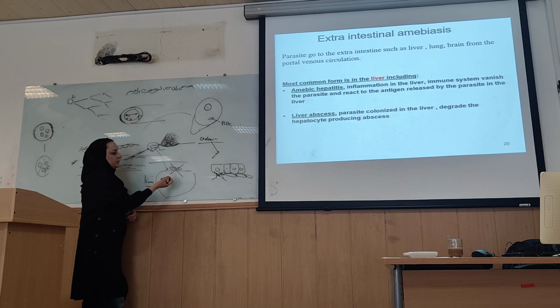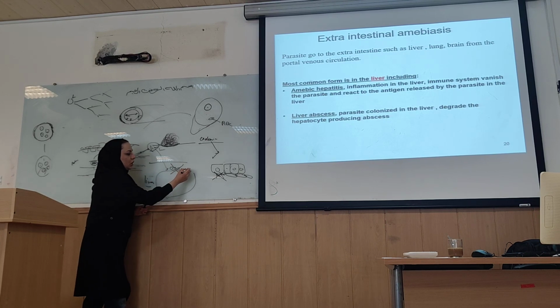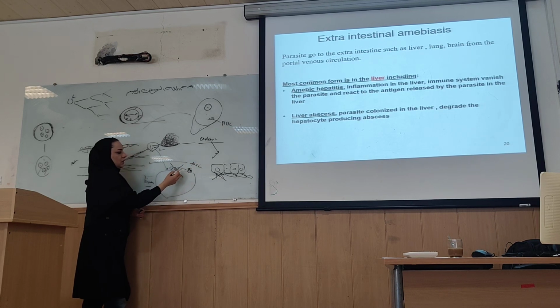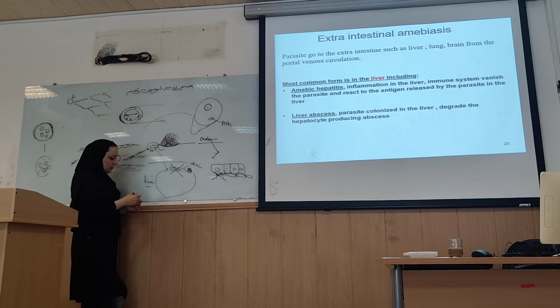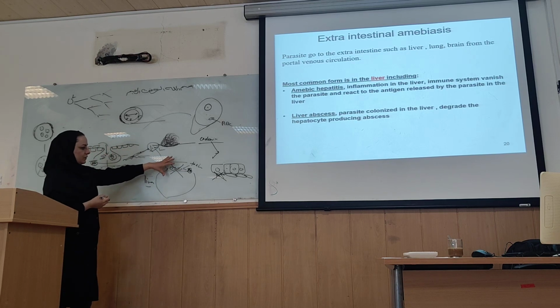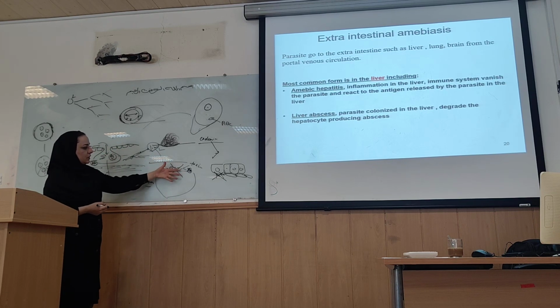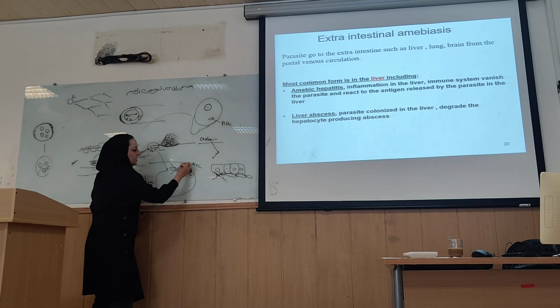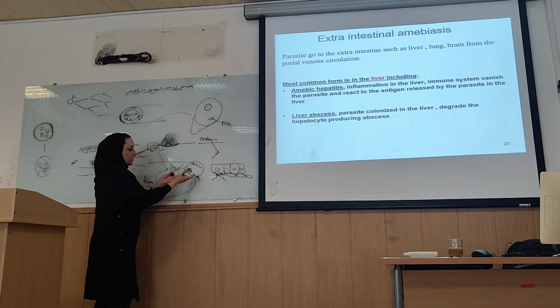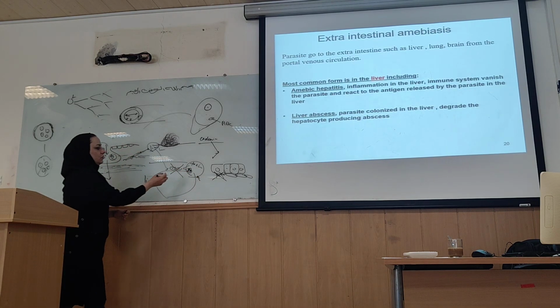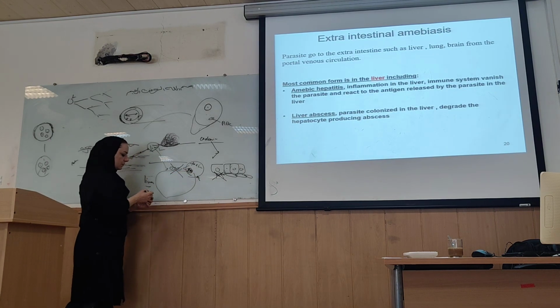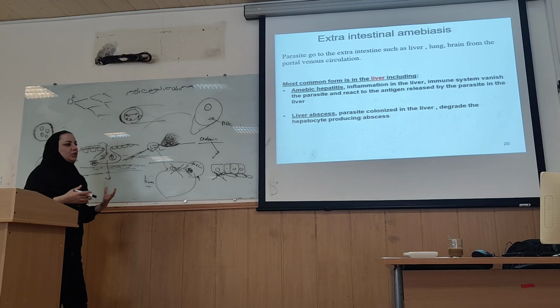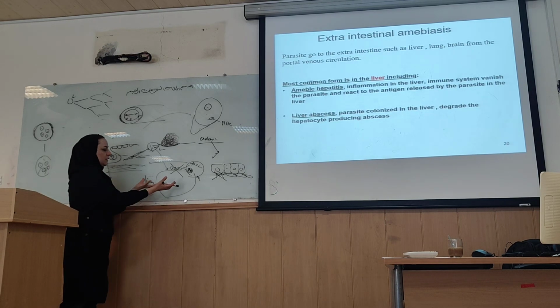In some people, the immune system degrades the amoeba, but because of the degradation of the amoeba, many toxins and antigens are released in the liver. So the immune system responds to these toxins and antigens, and because of that, acute inflammation happens in the liver.